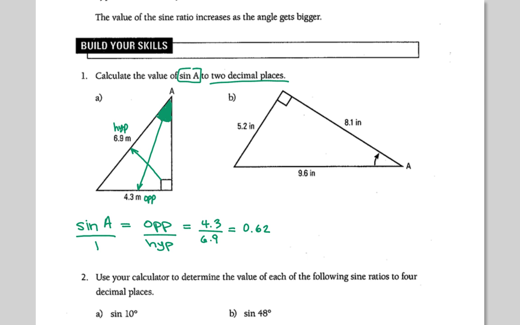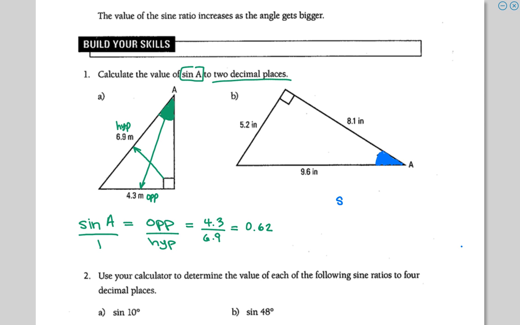Alright, let's try B. We're using this angle in the corner because they're asking us to find the sine of angle A. So sine A is equal to, I'll put a 1 over here, opposite divided by hypotenuse. Okay, so which side is opposite A?